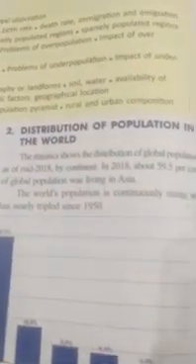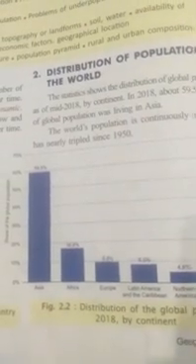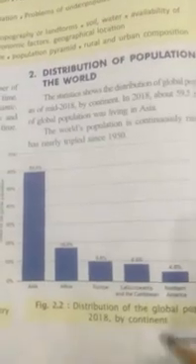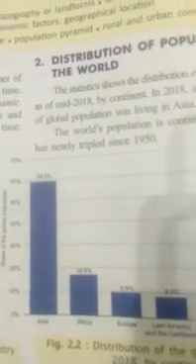Here is the distribution of population in the world. You see, the global population has been shown by the bar graph here. The tallest column is that of Asia at 59.5%, and Africa is just second with 16.8%.